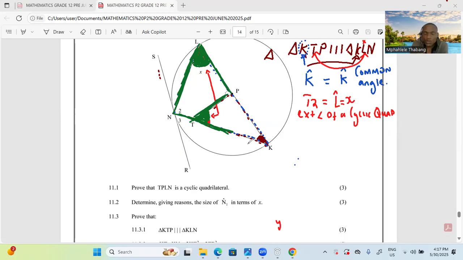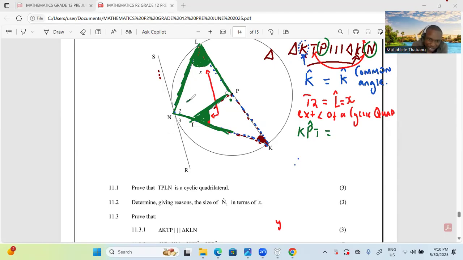Now, once you have proven that two angles are equal, don't go for the third one. The third one, P in KTP, where is it? It is this one, which is 90 degrees. Don't try to prove it. Just show that you are talking about P in the same triangle and say equals to. Now you go for N in KLN. Where is N in KLN?